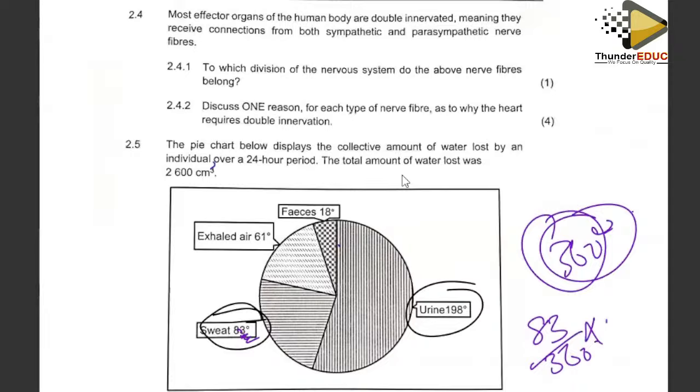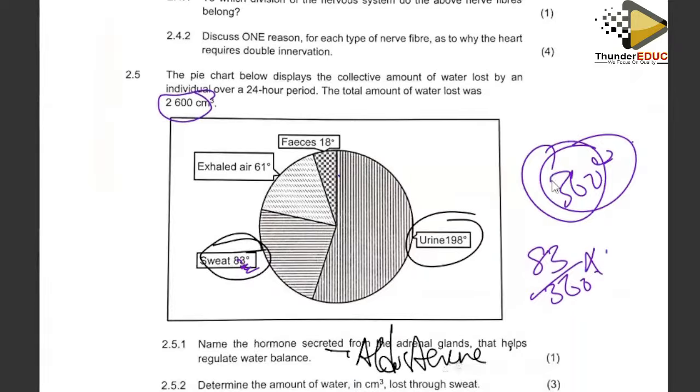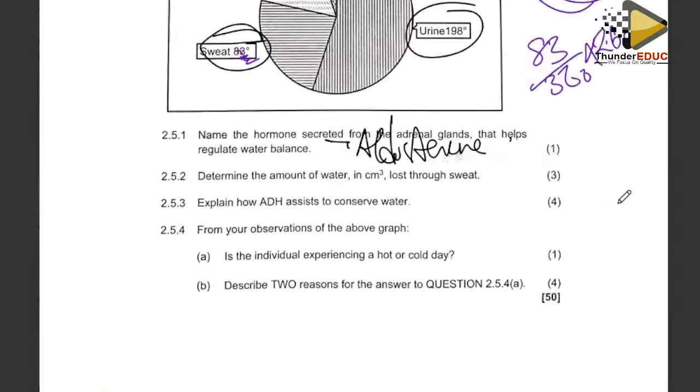In this case, they say that it is 2,600 cubic centimeters. So 83 over 360 times 2,600 cubic centimeters, and when I calculate, I get 599.44 cubic centimeters. So that is the amount of water being lost through sweat.